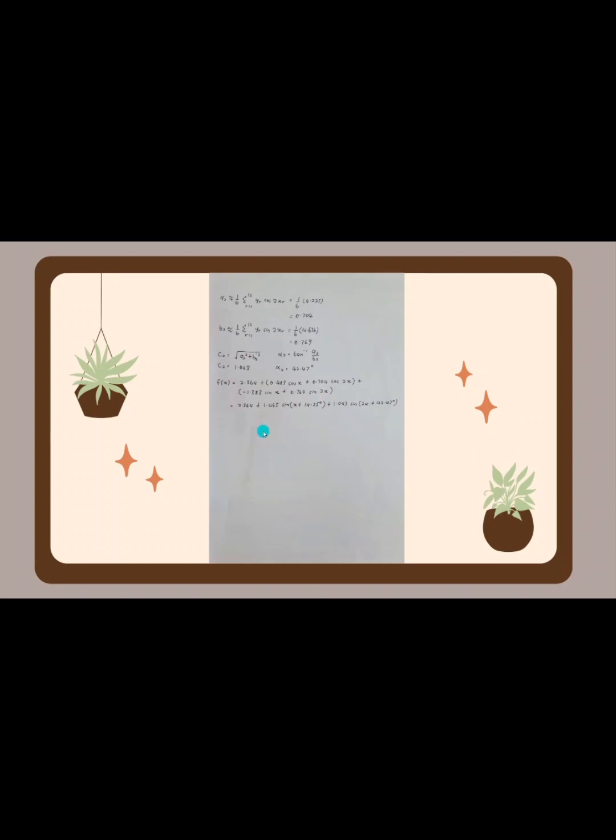So we simplify our f(x) into this equation. Then we convert this into the angle form.